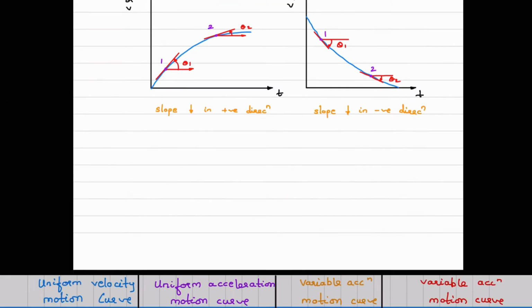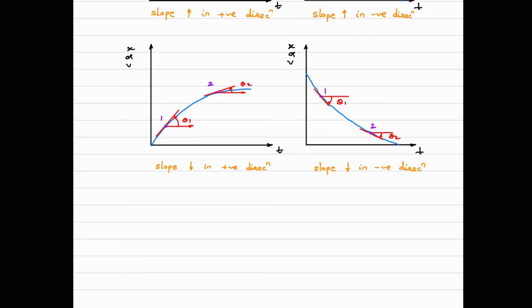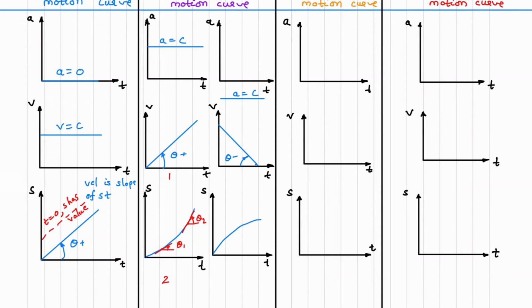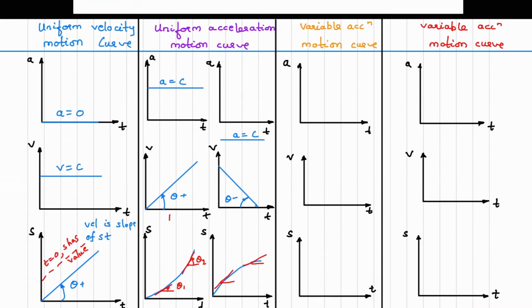So slope should reduce in which direction? Positive direction. So this curve will be like this. So curve will be like this. And if you draw a point over here and one more point over here, draw the tangent and take the slope. You will find that the slope is reducing in positive direction.